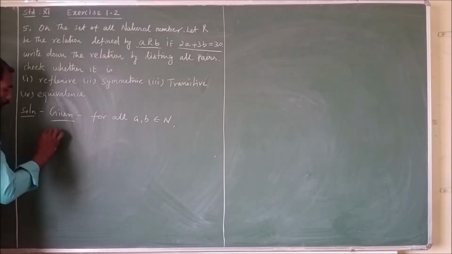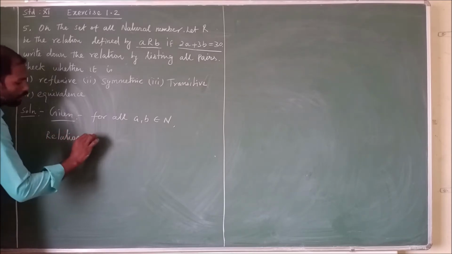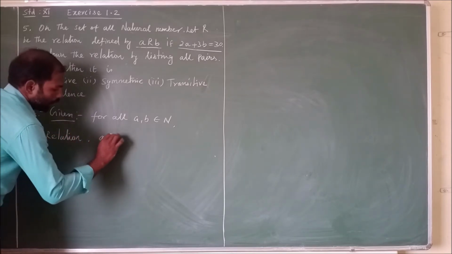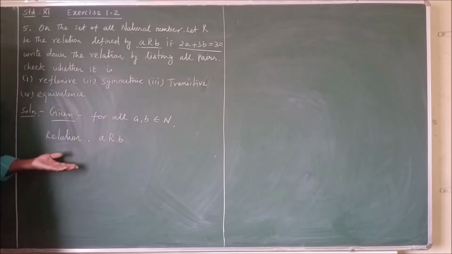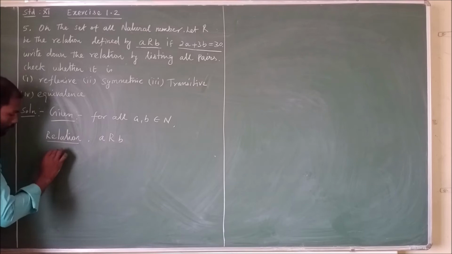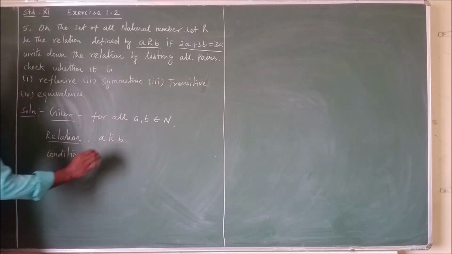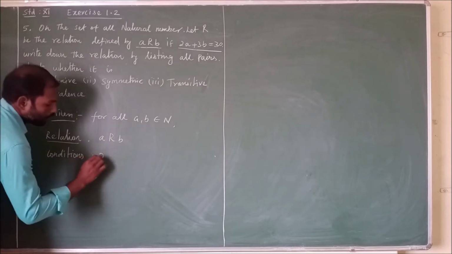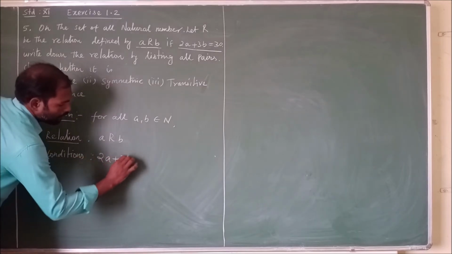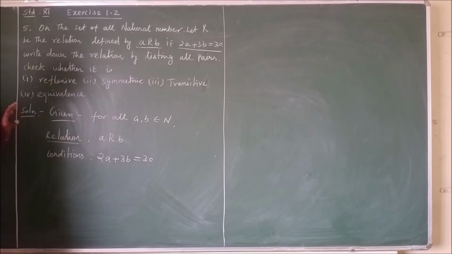The second one is the relation: A related to B. The third one is the condition: 2A plus 3B equals 30.